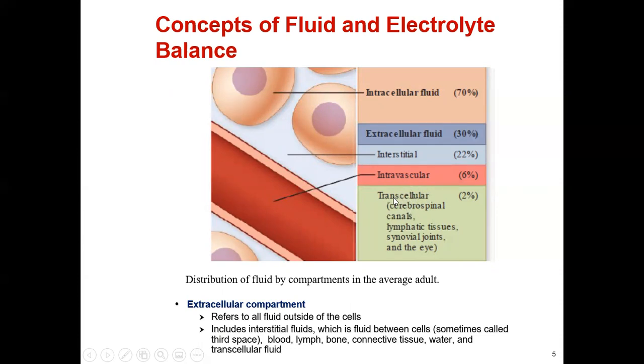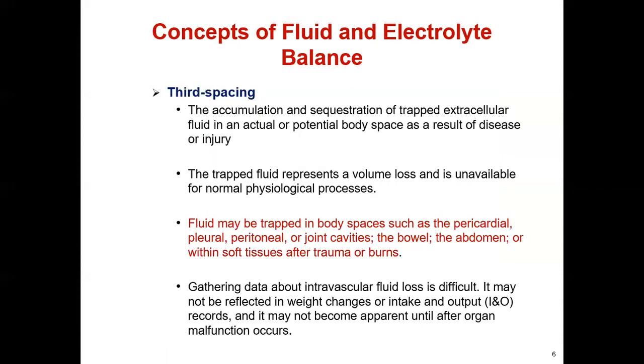What is transcellular fluid? We have fluid in the brain called cerebrospinal fluid, right? We have fluid in our joints called synovial fluid. We have fluid in our eye, intraocular fluid. All of them together are called transcellular.